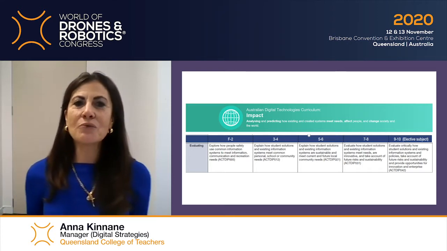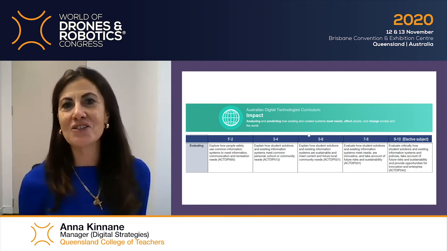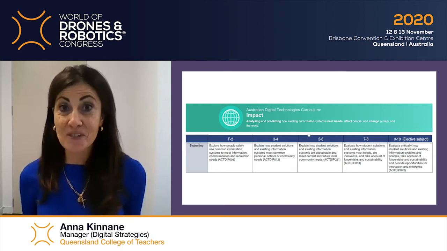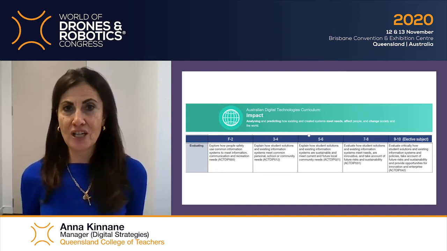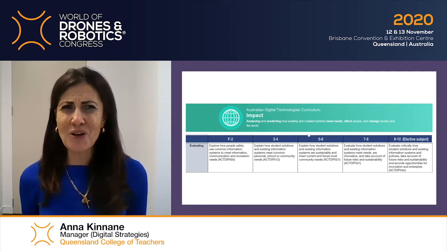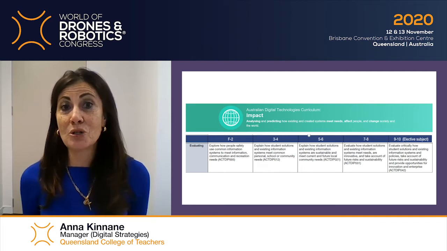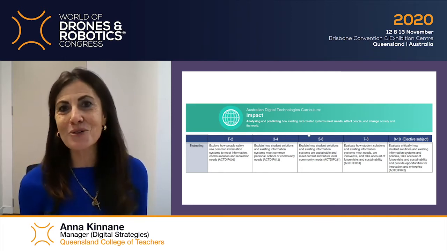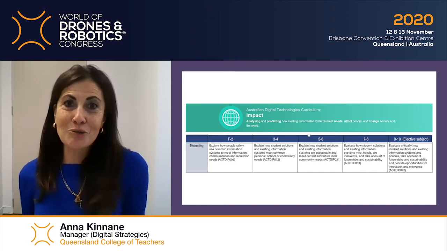For example, if we were in our English learning area and we're asking our students to create a persuasive exposition looking at some of the benefits of drone technology in our society, but then some of those considerations about how this technology could be used in a bad way. I'll give an example, and this is one I know Catherine has used, where drones have been used to drop contraband off into prisons.